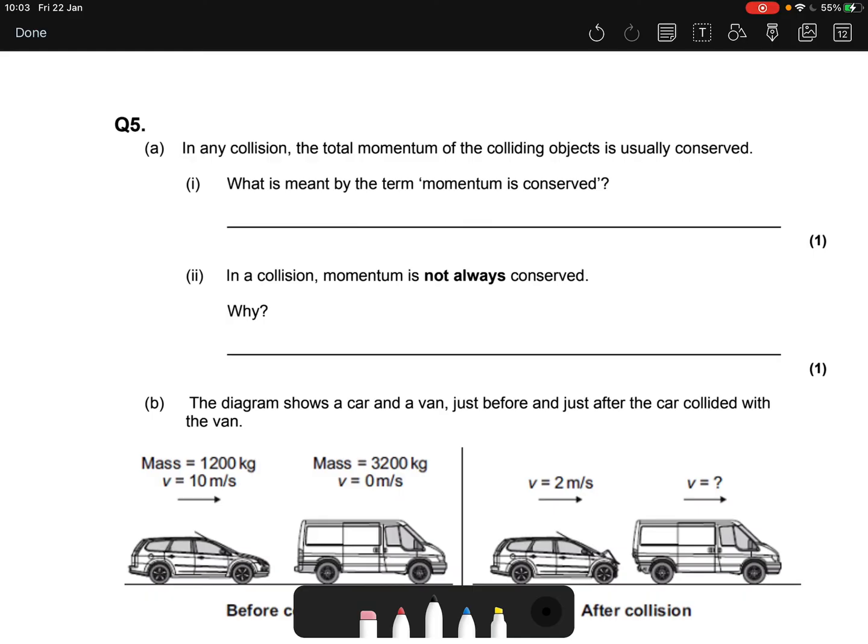Right, okay. What is meant by momentum is conserved? Well, that means that initial momentum equals final momentum. Momentum may not always be conserved. Why? That means that there is an outside force.